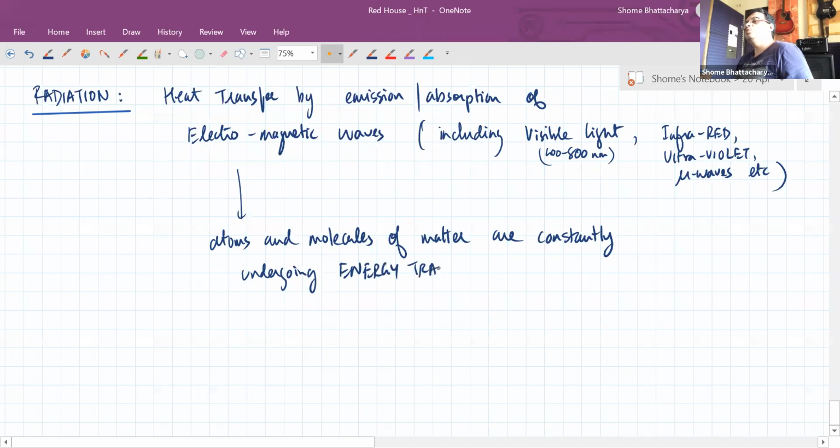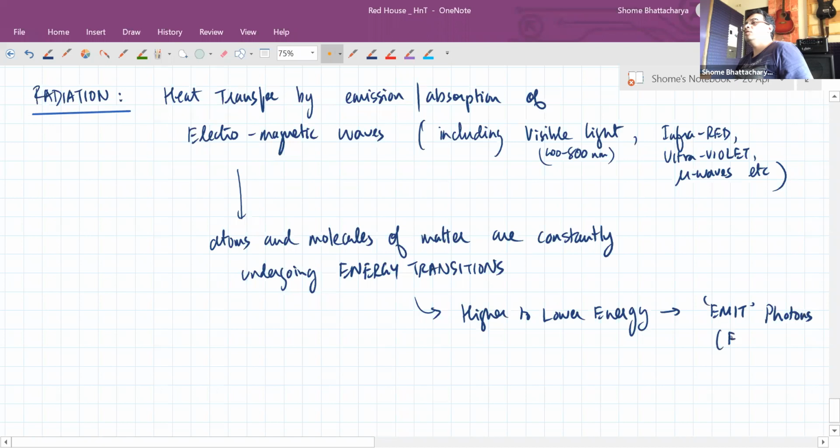Like you studied in Bohr's model of atom. So when they undergo a higher to lower energy transition, they tend to emit photons, or electromagnetic radiation.